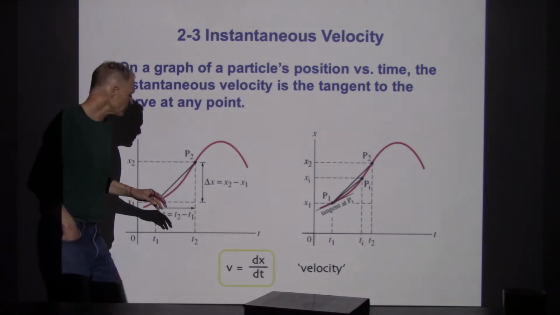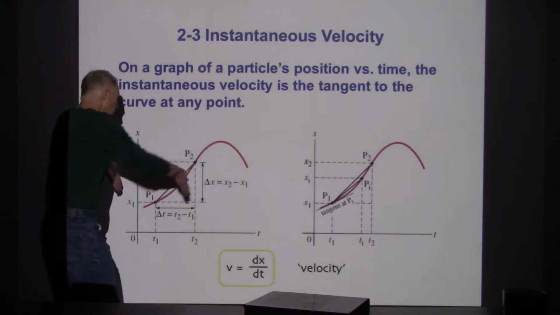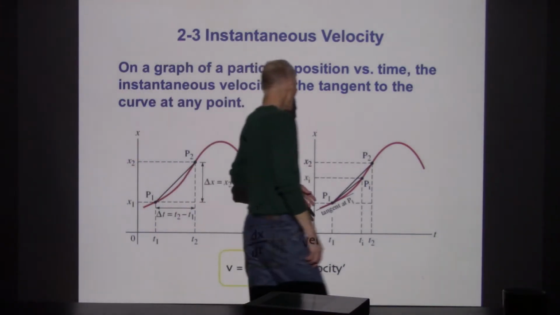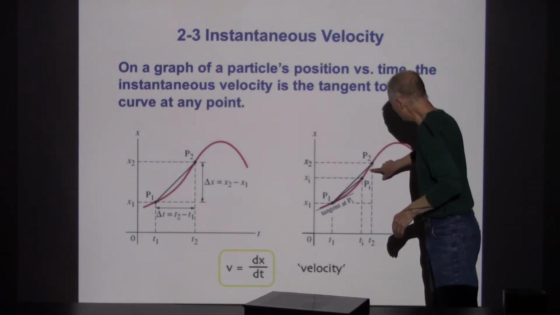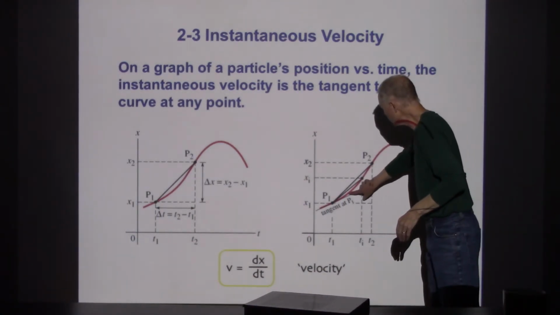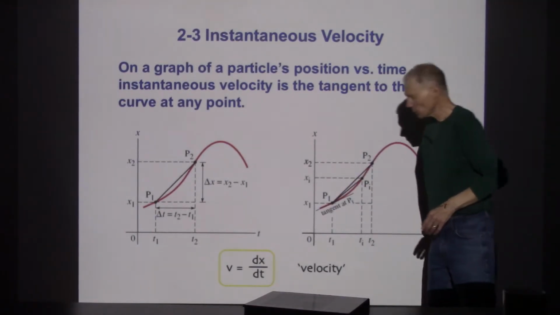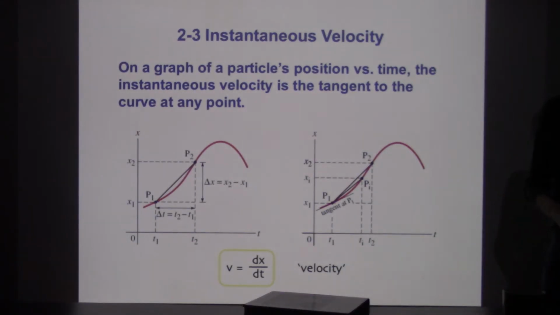But what we want to get to is dx dt, and that says that we have to start looking at shorter and shorter time intervals. So let's say we move point 2 to here, maybe we move it to here. At some point, I'm going to hit a tangent to that curve, and that will give me the instantaneous velocity.